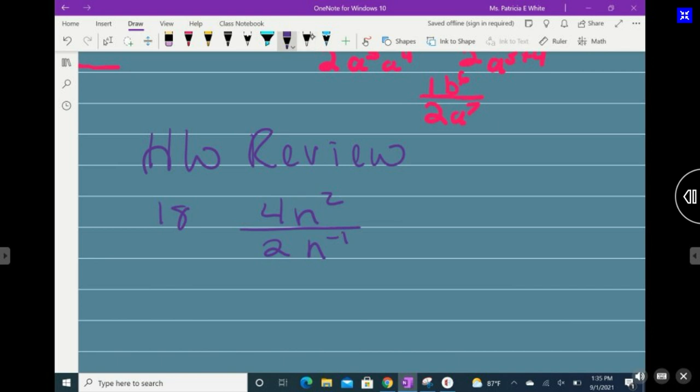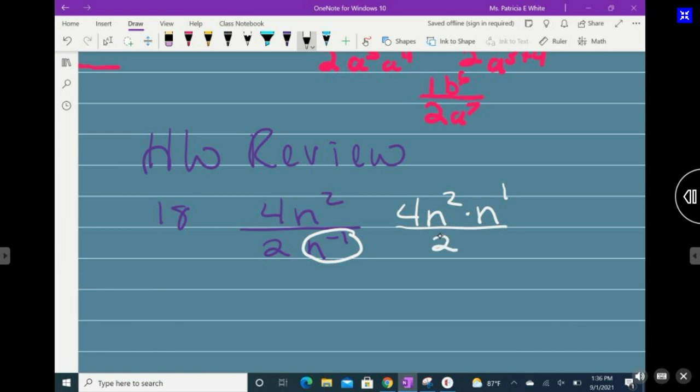Does the 4 have a negative exponent on it? So this guy right here with that negative exponent, it's down in the denominator, so it's got to move. So I'm going to say 4n to the second times n to the 1. Once it moves, it becomes positive, over 2.